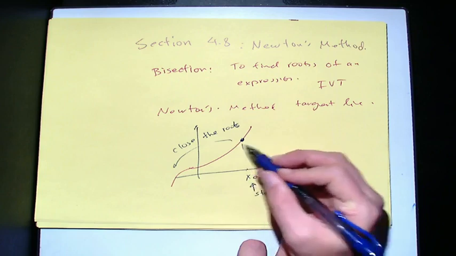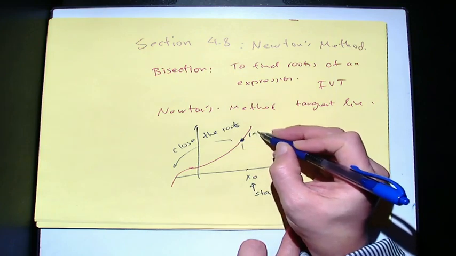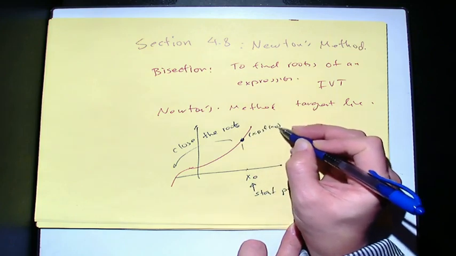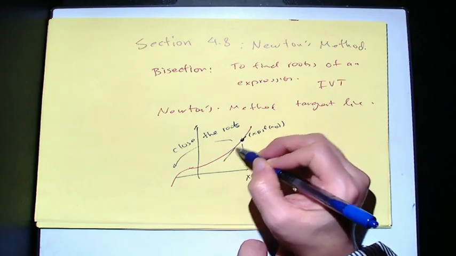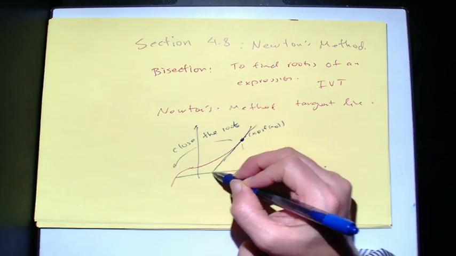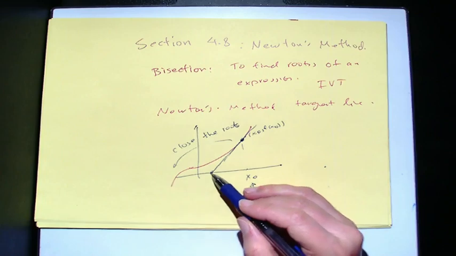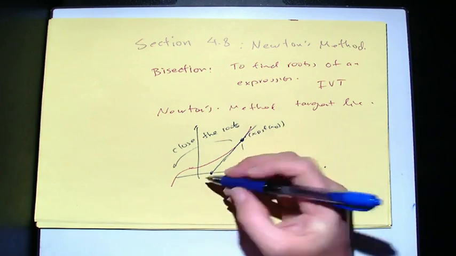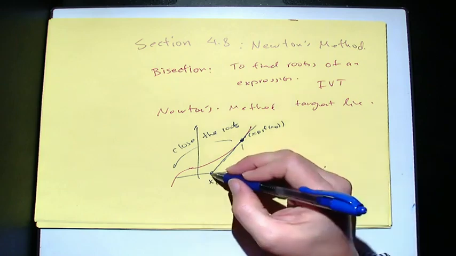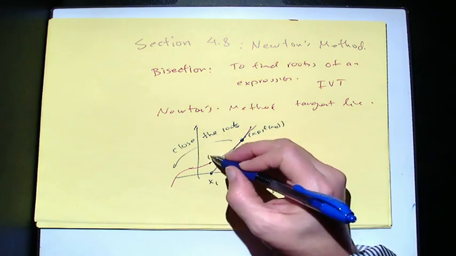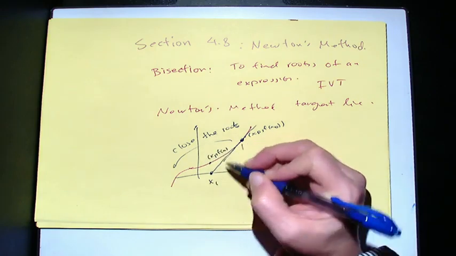Then from x0, find the x0 and f of x0, which is a point on the graph. Then find a tangent. And then find the point where that tangent touches the x-axis. Call that x1. Okay? Then from there, find x1 and f of x1.